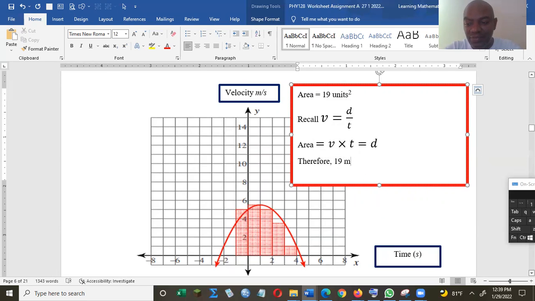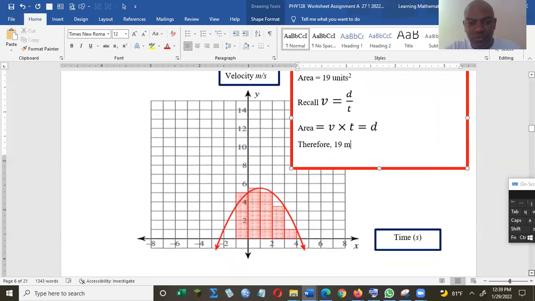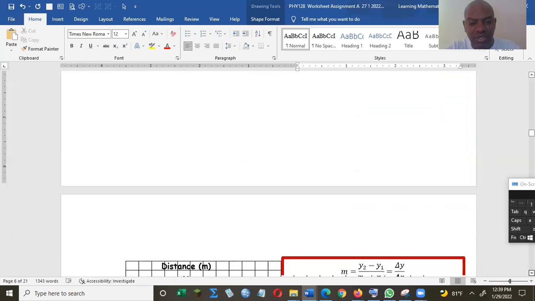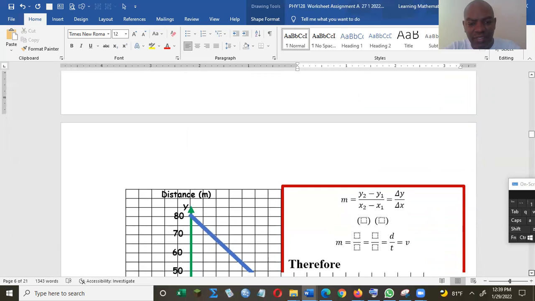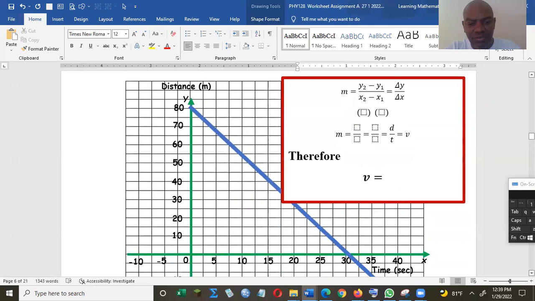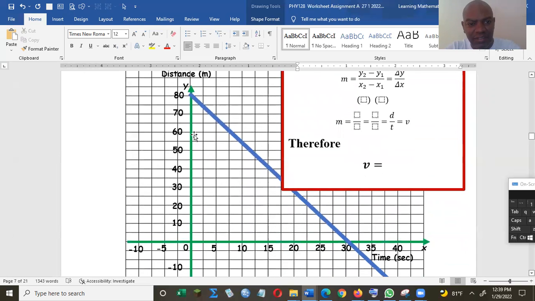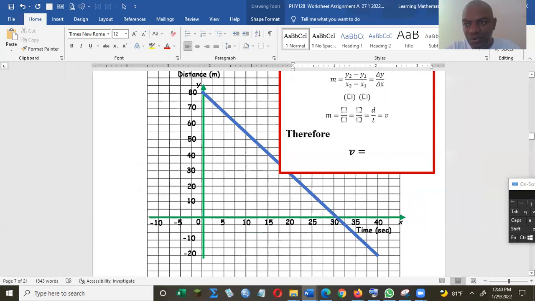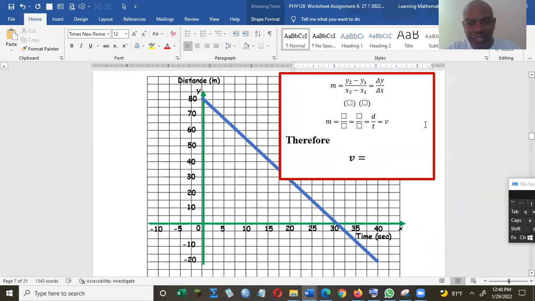Now we are moving on to the second problem, which asks us to calculate the gradient. Here we have an example, the gradient of a line. This line shows you the behavior of distance. Distance is decreasing from a reference point. Now, gradient is equal to the change of y over the change of x, y2 minus y1 over x2 minus x1.